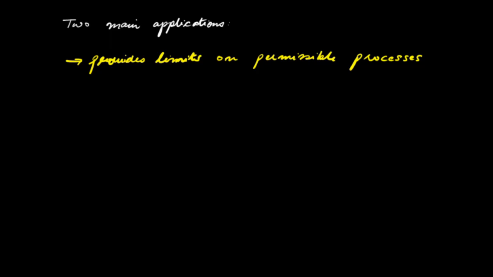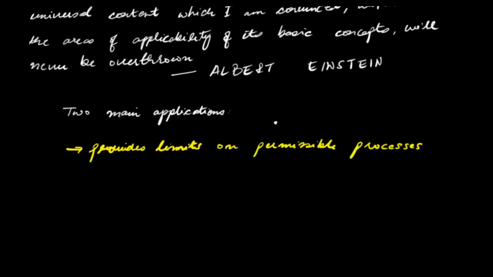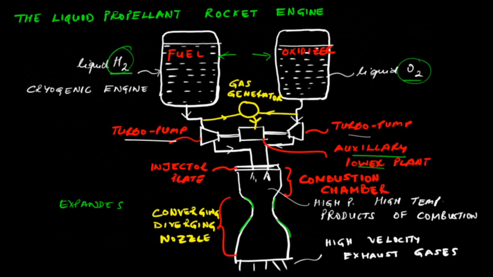For example, let's go back to the example of our liquid propellant rocket engine. So what we can say is that in this engine we have this reaction, H2 plus half O2 gives H2O, and in this case the product of combustion is water.